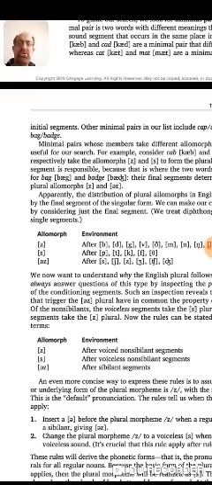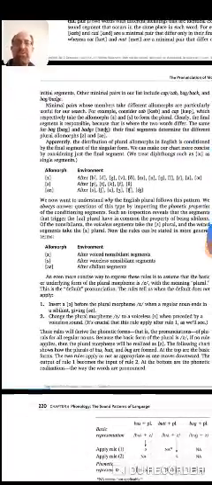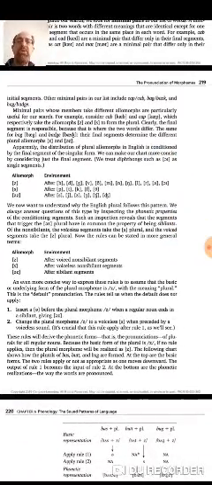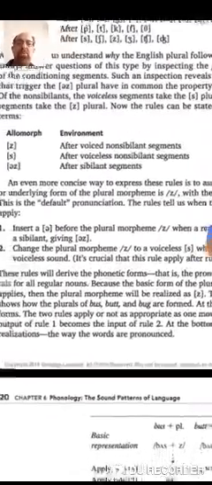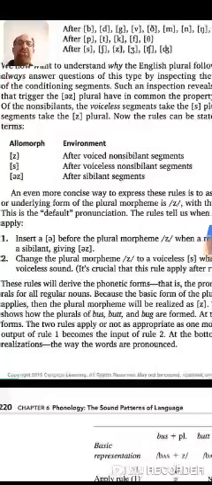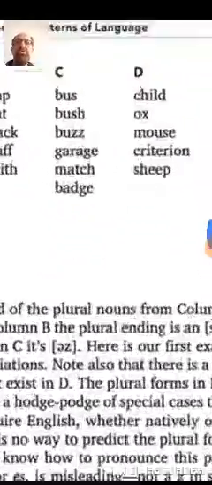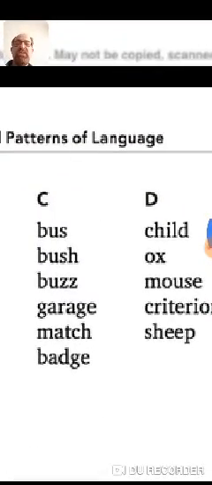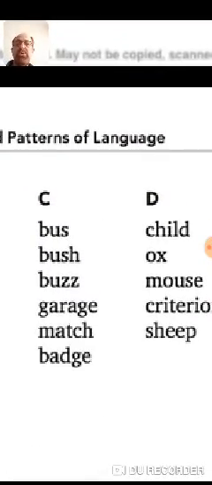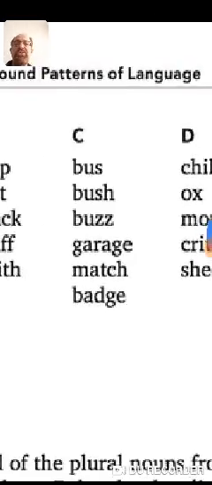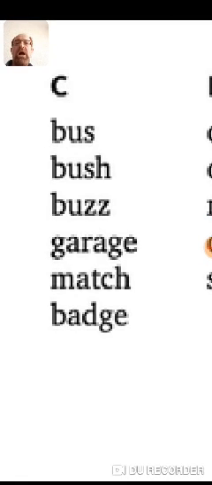So in order to find the answer, we say that in English, whenever we want to make a plural, we apply rule number 1 and rule number 2. What is the rule? First we go to column C. What do we do here? We add a schwa. For all these words we add a schwa after. Bus becomes buses, bus-iz.